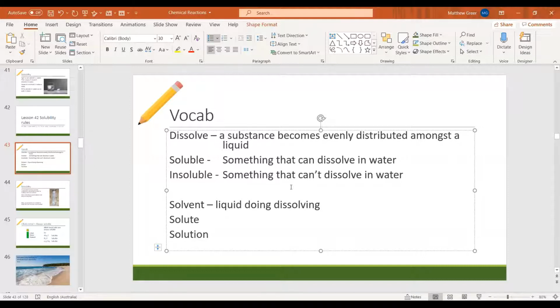All right, Wilson. Now, solute. Solute is the solid that is dissolved. And at the end, the solution is the dissolved solid in liquid mixture.